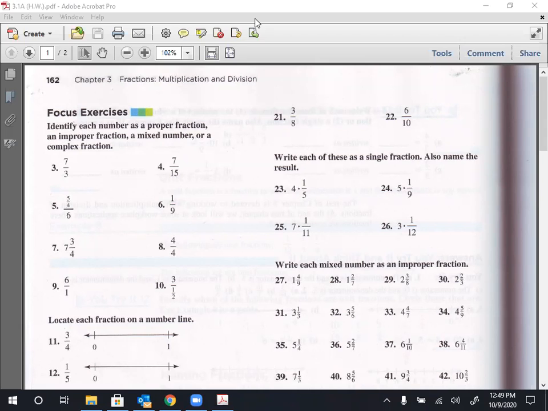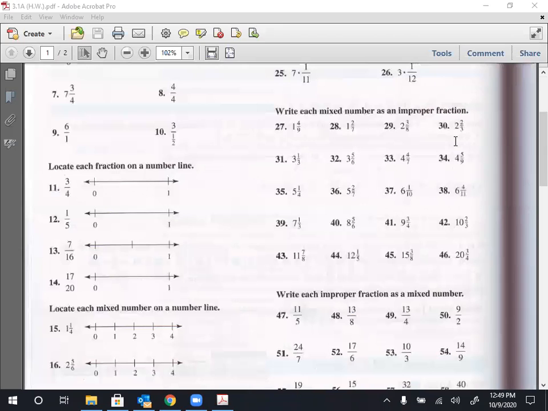Can you scroll up your PDF? Okay, so it says locate each fraction on the number line. So what they want you to do here is they've given you a number line from 0 to 1. They want you to mark 3/4.